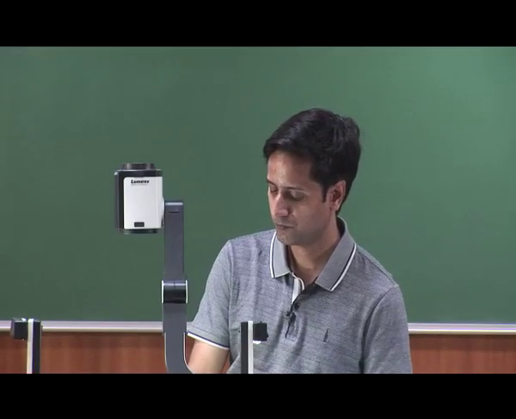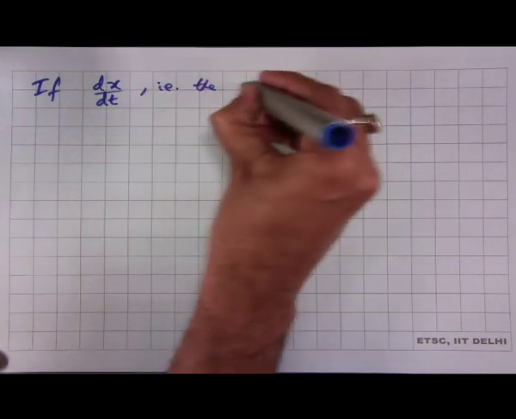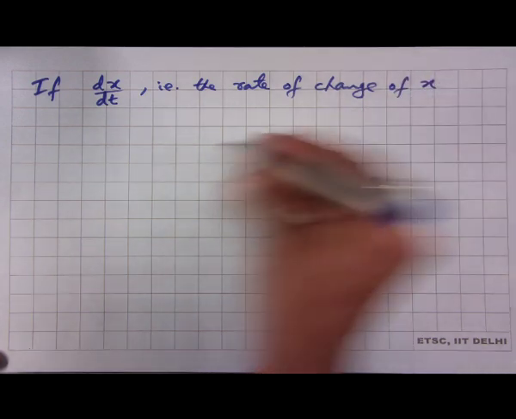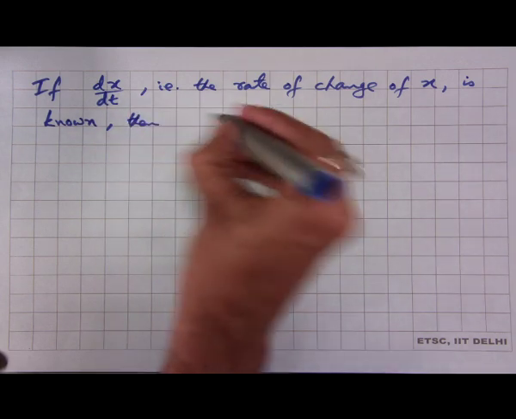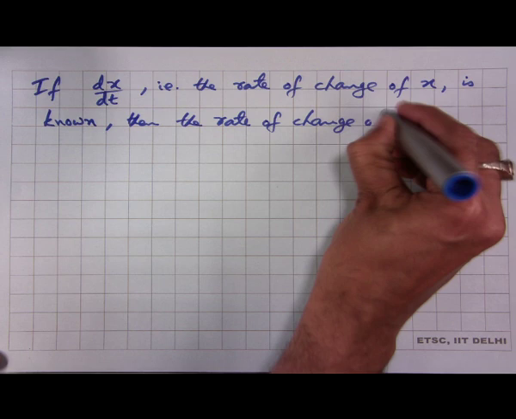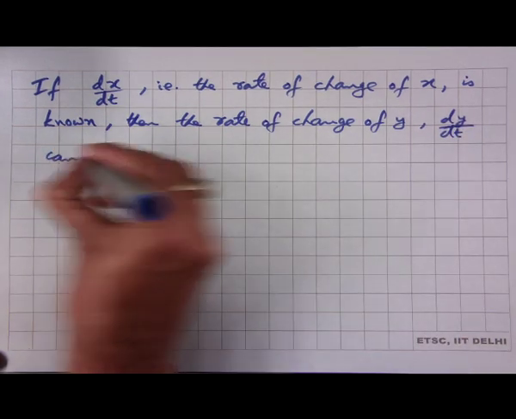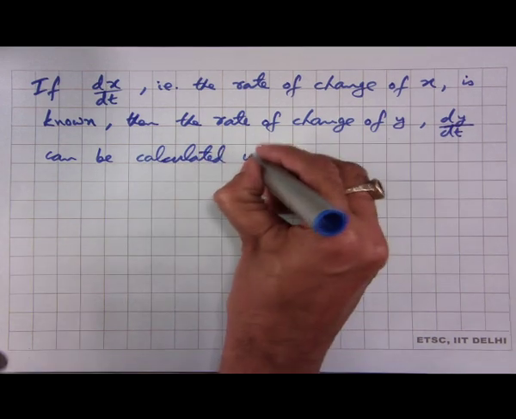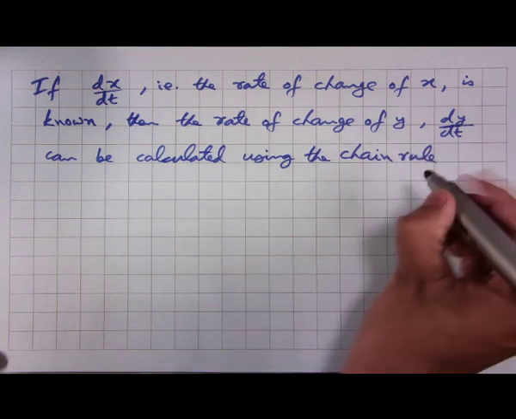So, if dx/dt, that is the rate of change of x, is known, then the rate of change of y, dy/dt, can be calculated using the chain rule as follows.